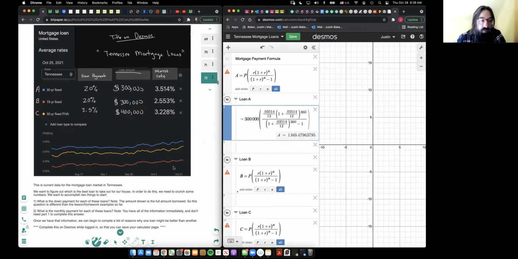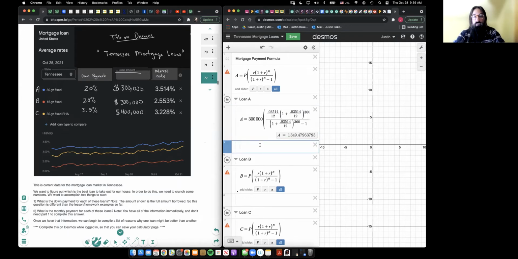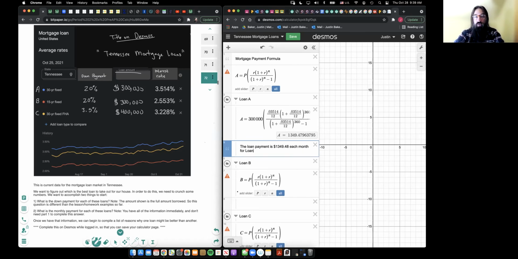So that is the answer to question 2, or another way to say it, the loan payment is 1349.48. Notice it says 479. I'm writing 48 because I've rounded it to the nearest penny correctly each month for loan A.